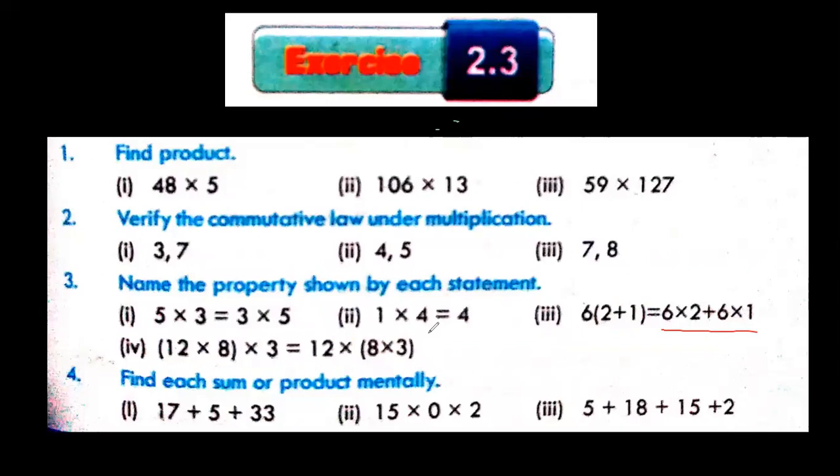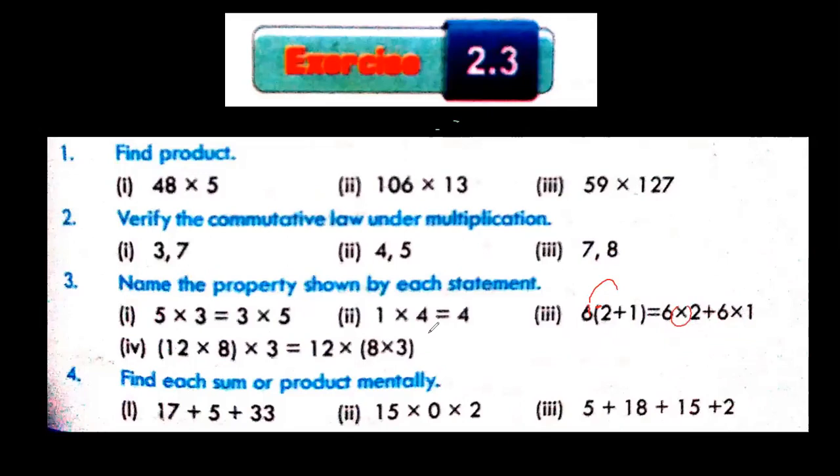So this 6 is distributed with 2 as well as with 1. Distribute means divide, split. So 6 we multiplied with 2 and then with 1. So this property is known as distributive property of multiplication over addition.